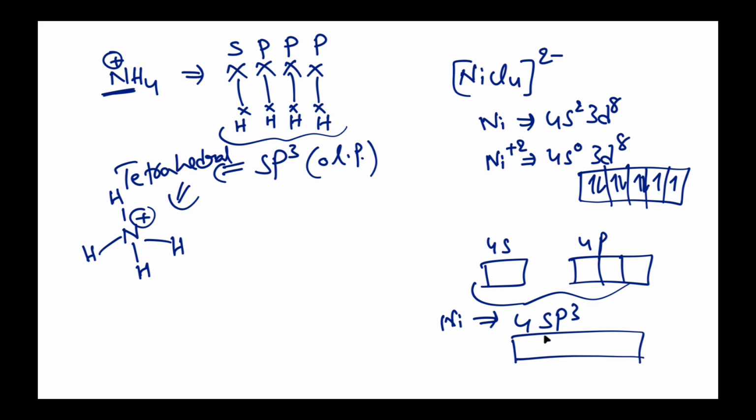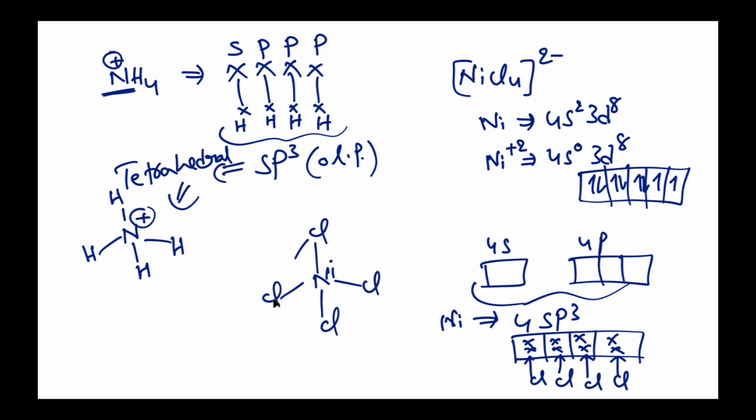All these 4 sp3 hybrid orbitals are bonded with 4 chlorine atoms, so NiCl4 undergoes sp3 hybridization, that is a tetrahedral arrangement. So NiCl4 2- has tetrahedral geometry.